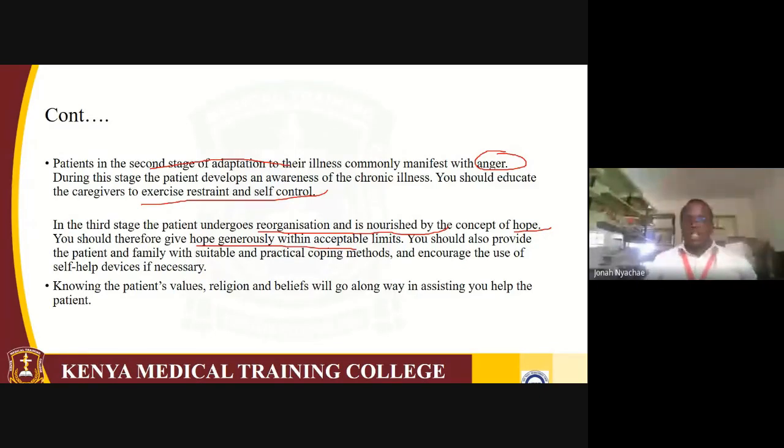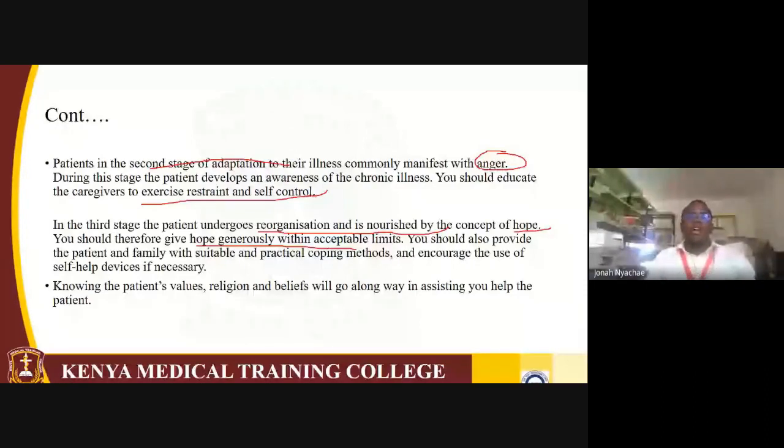If they want some religious nourishment, you can ensure that a pastor comes in. So you do it within your limits. Don't overdo things that are not yours. For example, you start putting your own ideas about heaven, and this patient has been an atheist throughout. That is not your role. You ask them to go and be baptized, but they don't know. You just stick within your limits, assess and facilitate. If they need that requirement, then call the right person to attend to that patient.